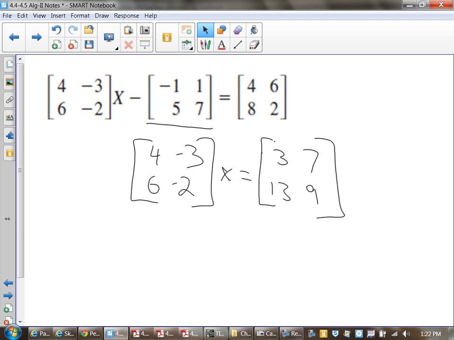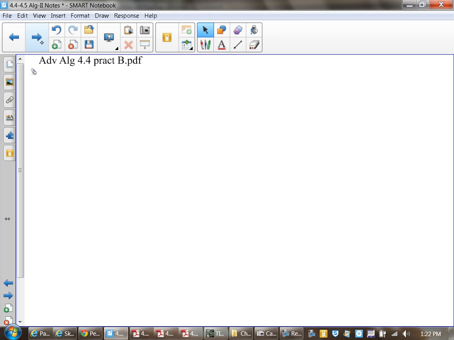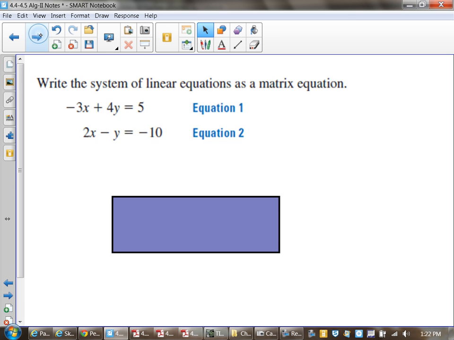Now, here's the part that you're really going to enjoy, because it gets really interesting. What I want you to do real quick is make a coefficient matrix and a solution matrix out of this system. Remember when we set up Cramer's rule yesterday? I want you to recreate a Cramer's rule setup with this.